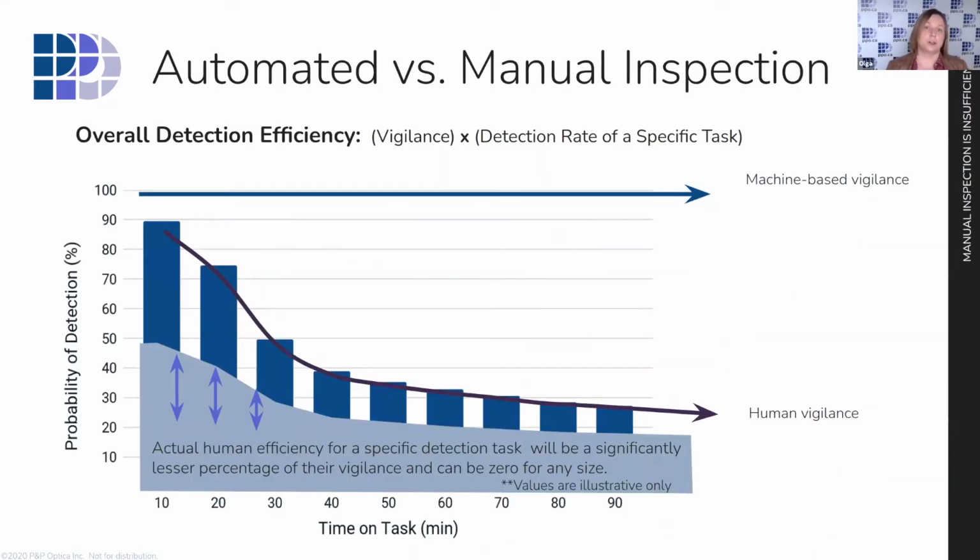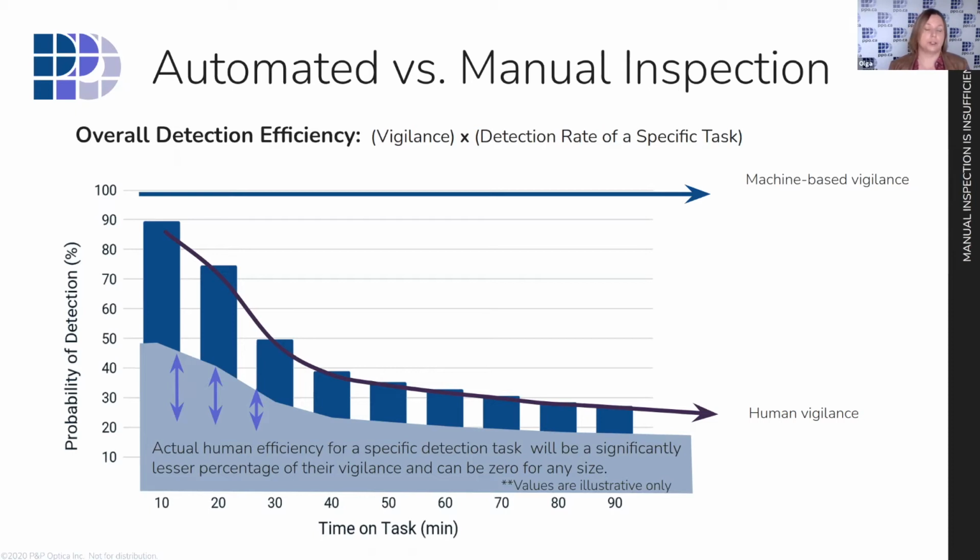So when considering automated versus manual inspection methods, it's important to think about how the human brain works and how the human vision system works. So our eyes are exceptional at finding really hard to see and determine objects. So smallest speck of something new, a lot of the times humans can find it. The problem is humans get tired and lose their vigilance.